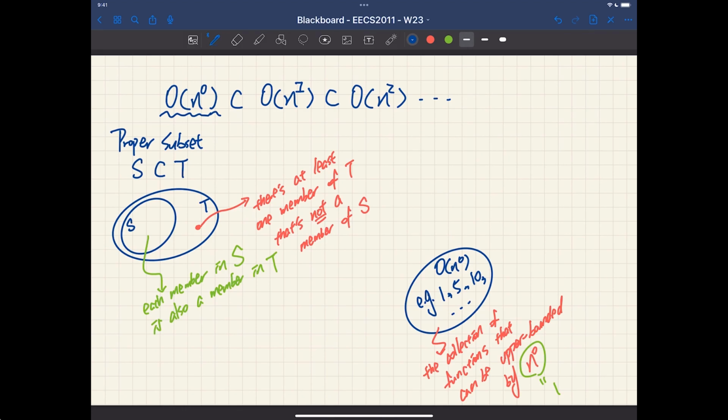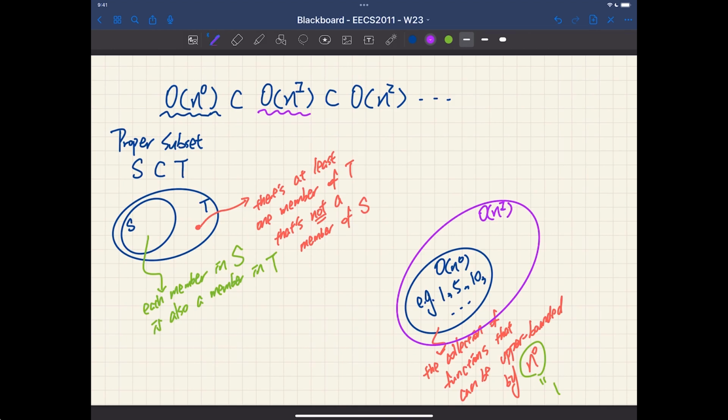And how do we visualize big O of n to the power of 1? It's going to be a proper superset. That's the symmetric way to say proper subset. So here, this will be big O of n to the power of 1.